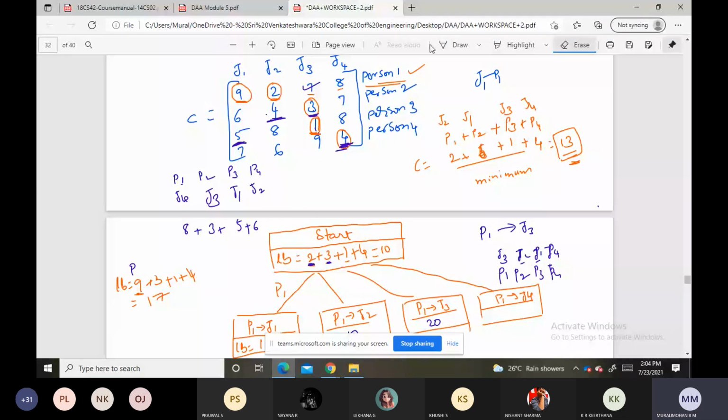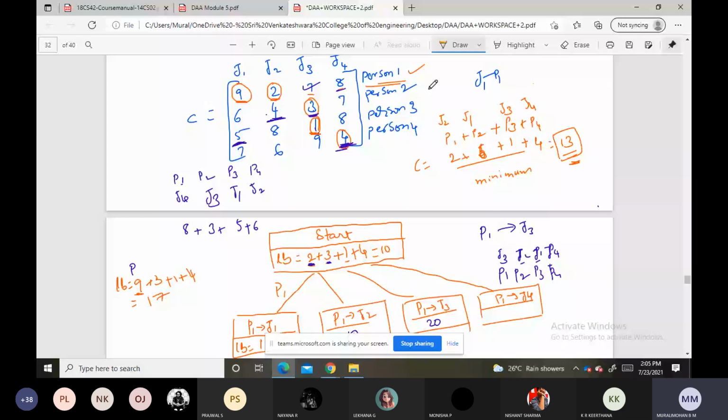For person 1, if we allocate job 4, it is 8.